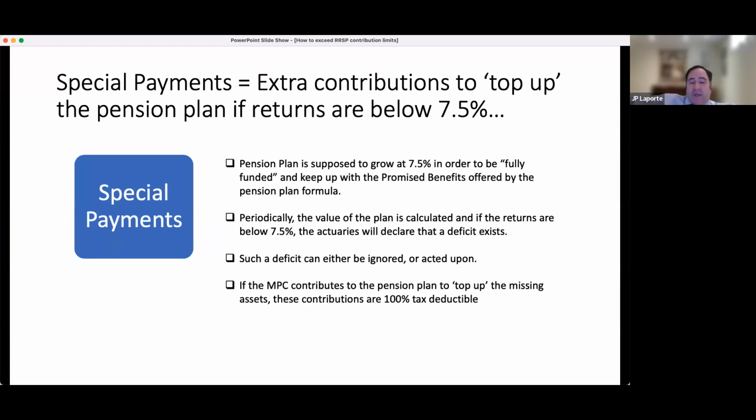And a deficit can either be ignored, so the medical corporation can just say, I'm not putting more money in my plan, or it can be acted upon. If the medical professional corporation decides to top up the missing assets, these are 100% tax deductible to the corporation. So in effect, we've manufactured a brand new registered contribution rule by being super conservative with our investments. So that's the beauty of special payments. Next slide.